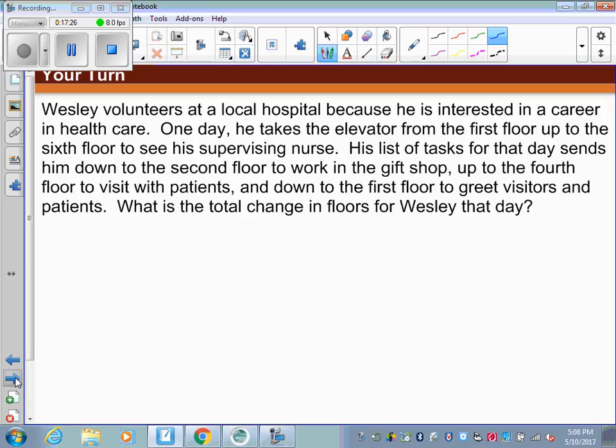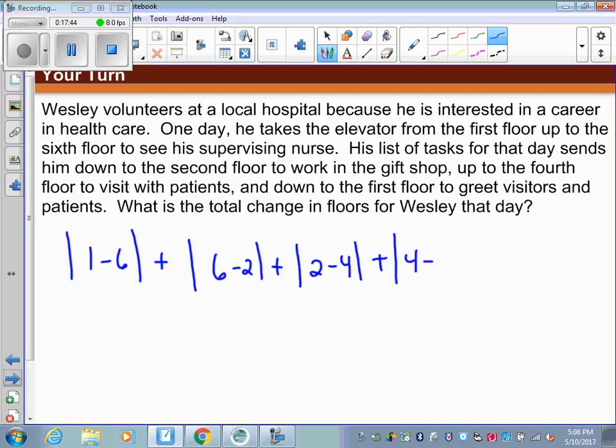So we would set this up as first floor to the sixth, so the change there. Then he was on the sixth, so take him down to the second. Then he was on the second, and he went up to the fourth. And then he was at the fourth, and down to the first. Okay?